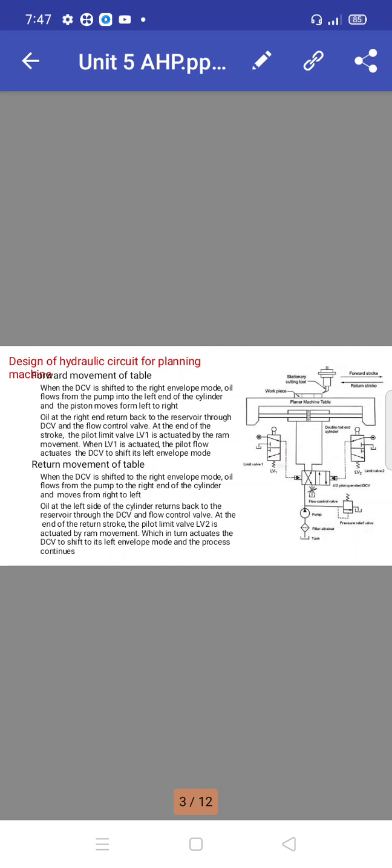The ram movement in turn actuates the directional control valve to shift to its left envelope mode, and the process continues. This process is alternately continuous. It actuates both the forward stroke and the return stroke. This is a simultaneous and continuous process.